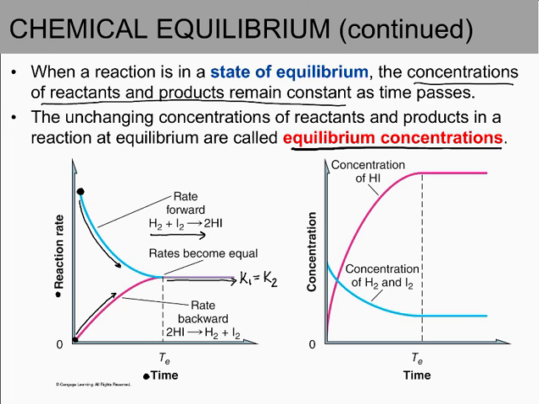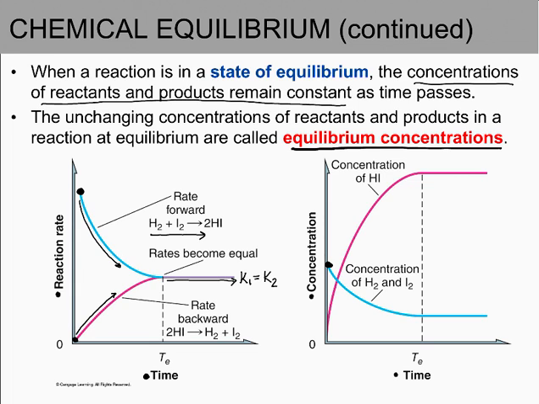Now on the right-hand side, we have a plot of concentration on the y-axis versus time on the x-axis. So again, initially, let's say we just start out with H2 and I2. So there's some amount of both there.